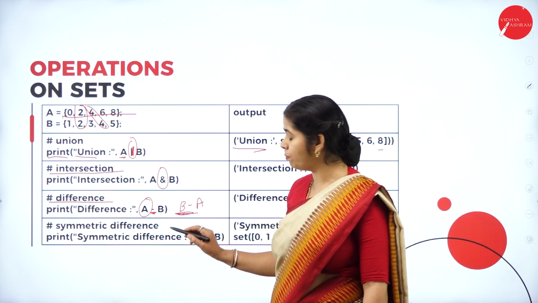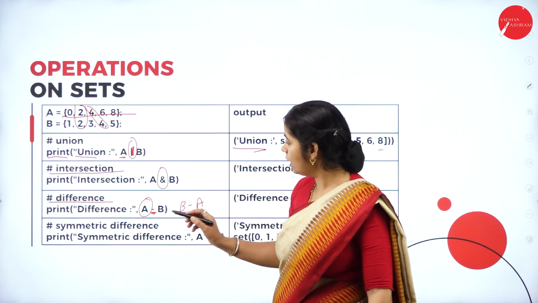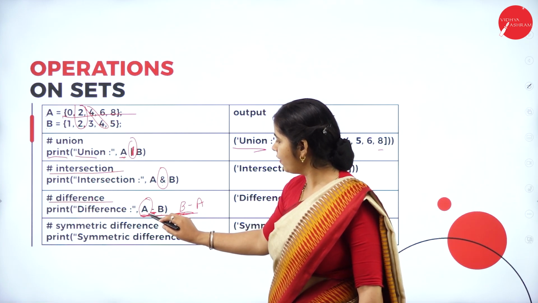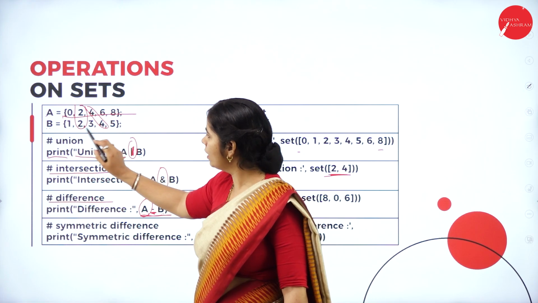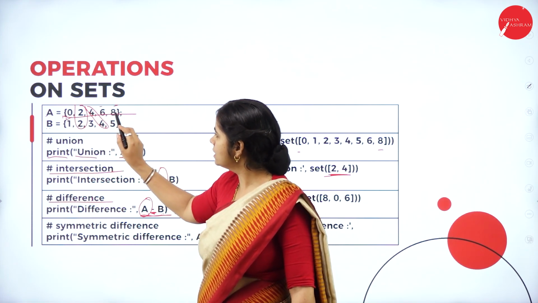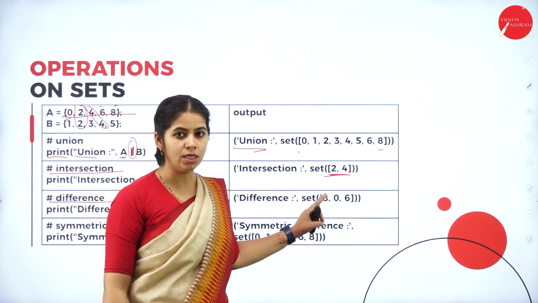All elements of B that are not present in A. So here we are doing A minus B. What are the elements of A that are not in B? Except 2 and 4 which are common, all the elements of A will be displayed, that is 0, 6 and 8 will be printed as A minus B.